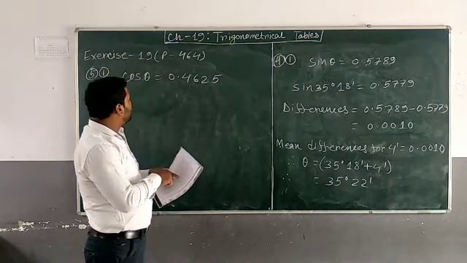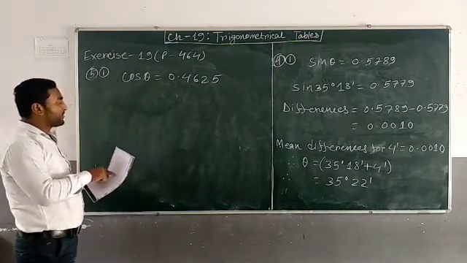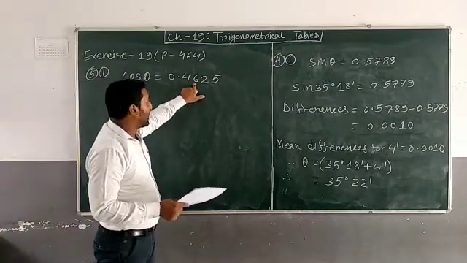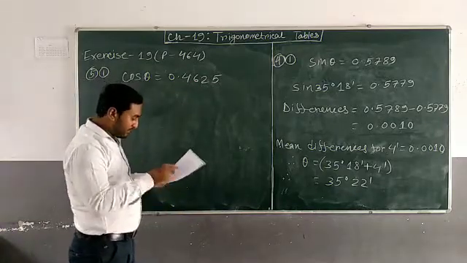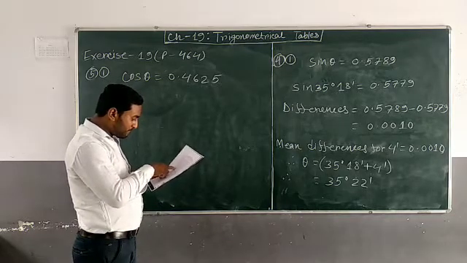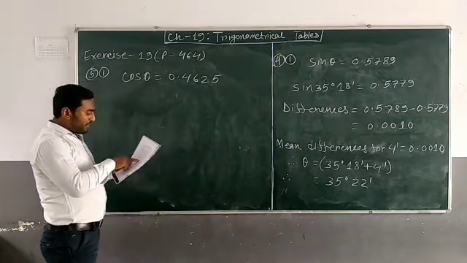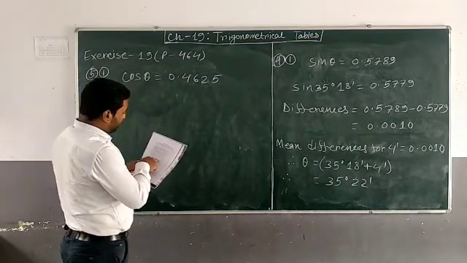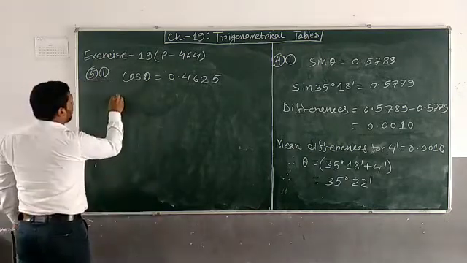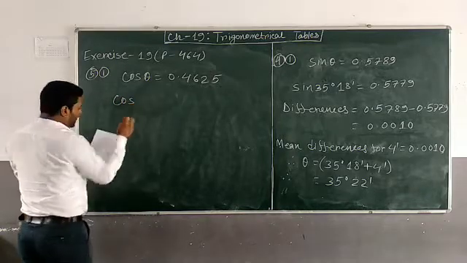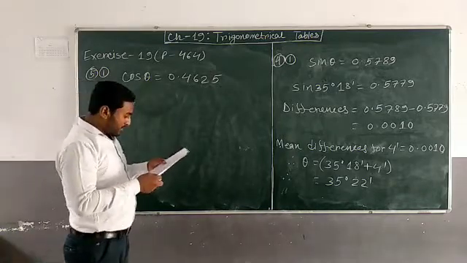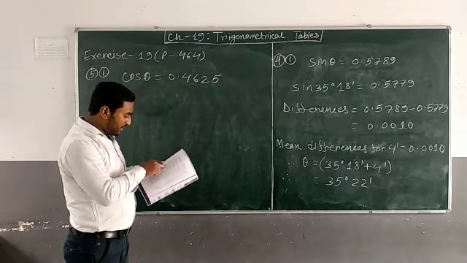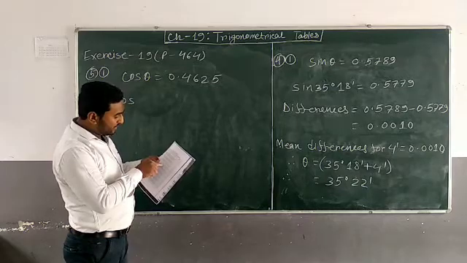0.4625 is not in the table, so you have to take the nearest preceding value of 0.4625. That will be 0.4617. For which angle is this? 0.4617 is for 62 degree and 30 minutes.